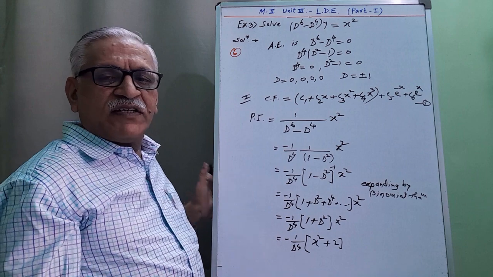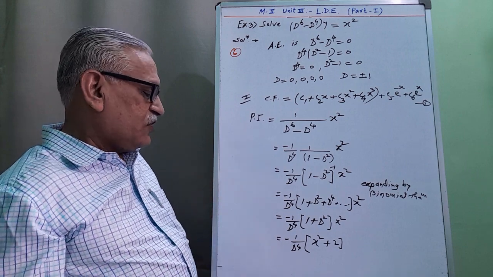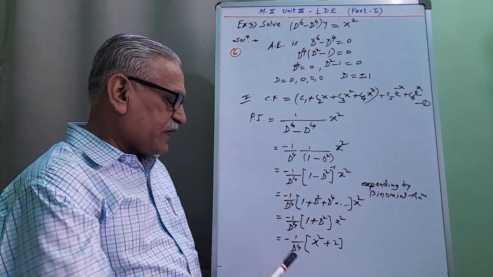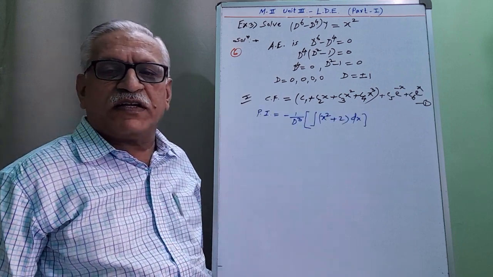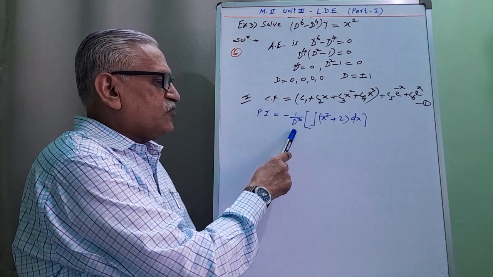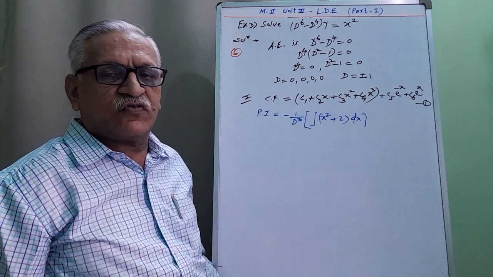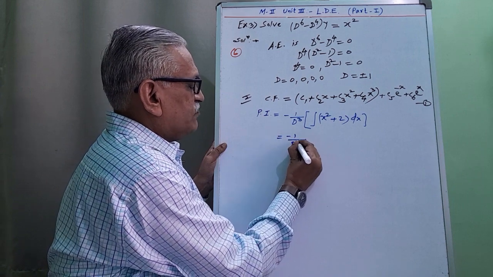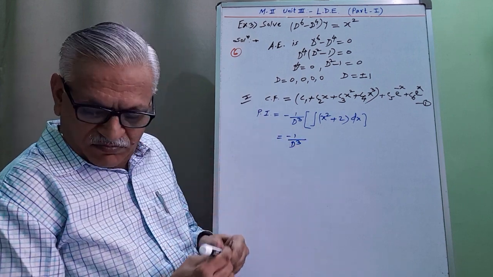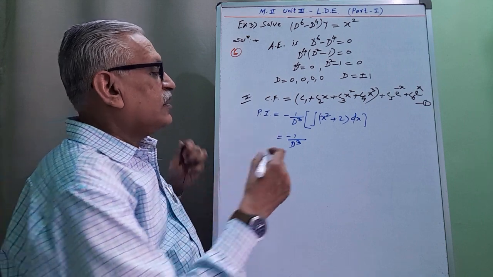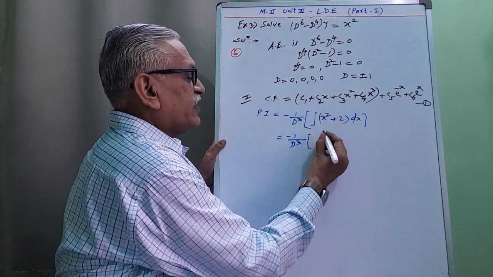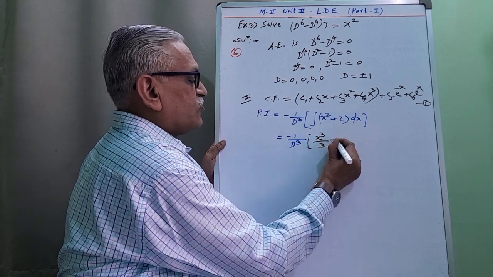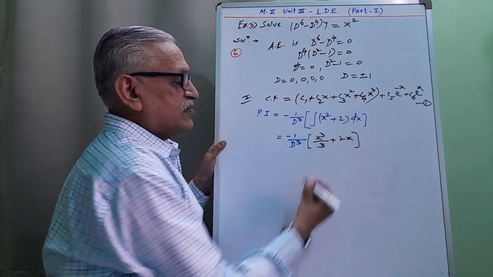Then 1 by d stands for integration. Therefore, integrating this 4 times with respect to x. Splitting that d raised to 4 as 1 by d cube into integration of x square plus 2, it is minus 1 by d cube. Integrating this term, integration of x square is x cube by 3, integration of 2 is 2x.